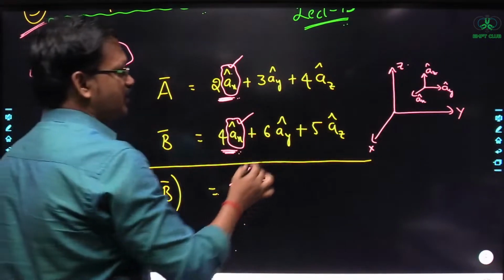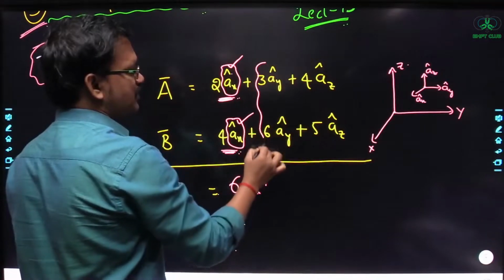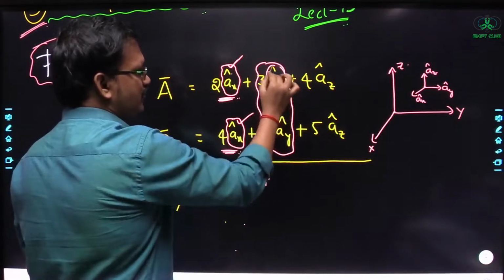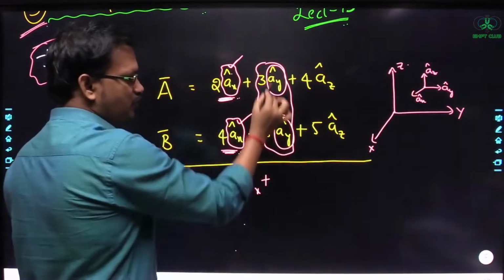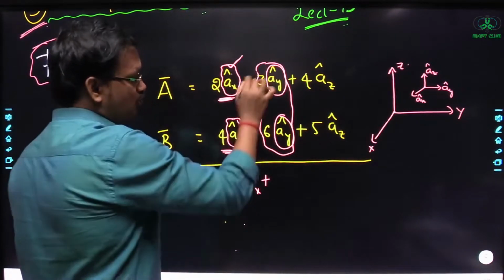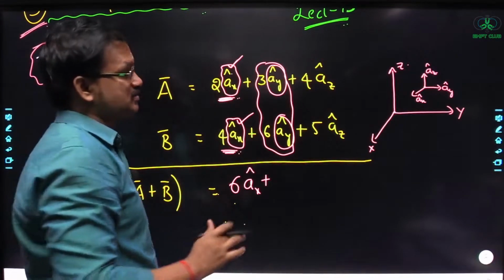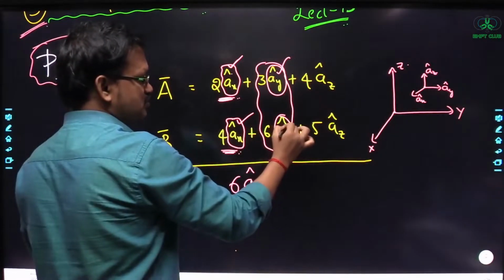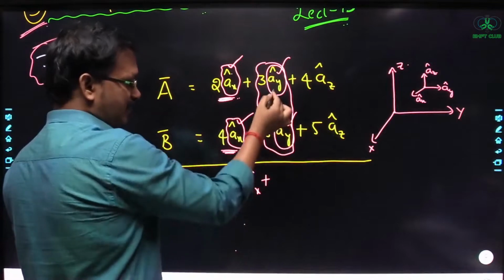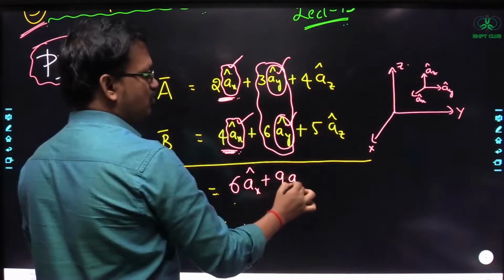Next, here you have 3ay cap plus 6ay cap. Here ay cap and here ay cap both are pointing in the same direction, both parallel to the y axis only. It is ay cap, it is also ay cap. So that's why we are adding these two components, giving 9ay cap.